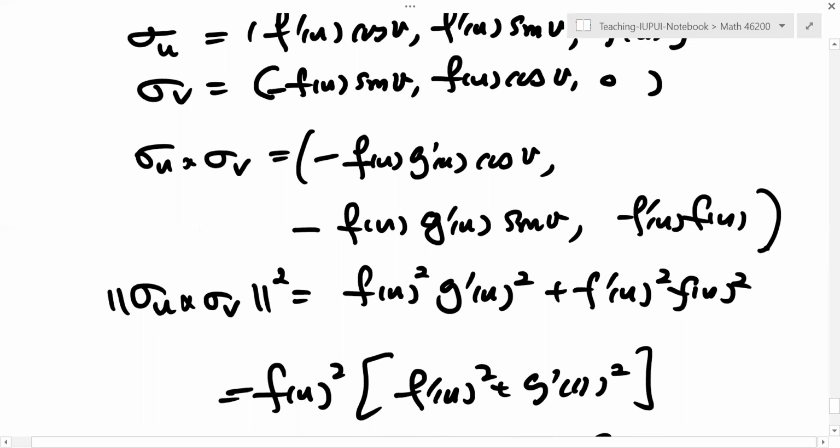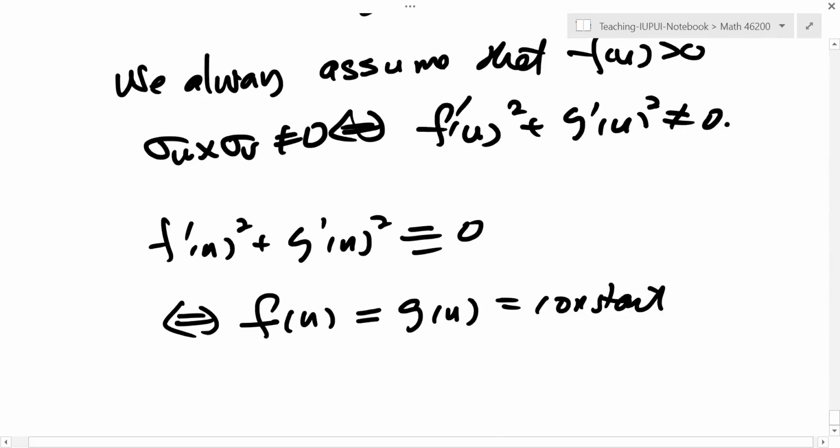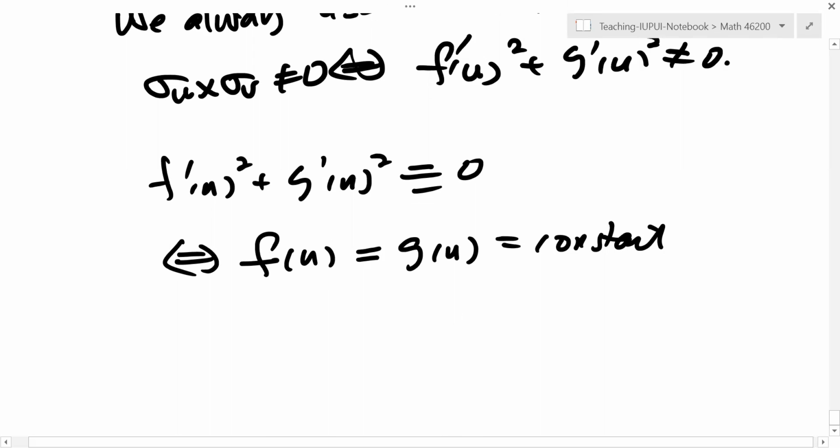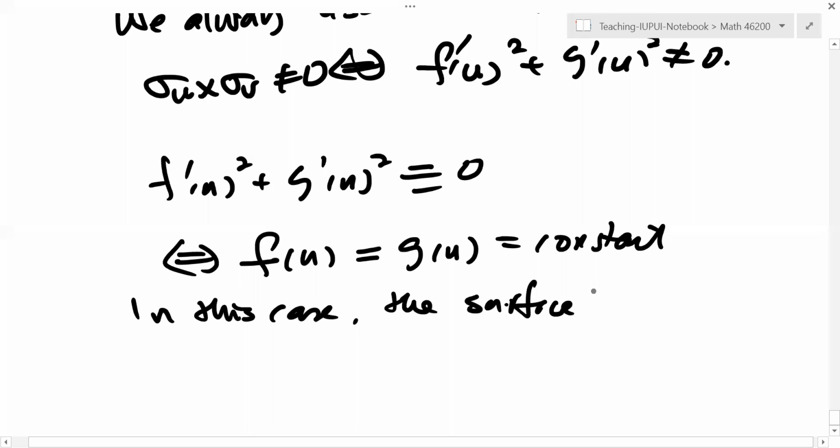Oh, yeah. So this means it's constant. It's a trivial case. You just locate a point. In this case, the surface is just a circle. It's not a surface really.